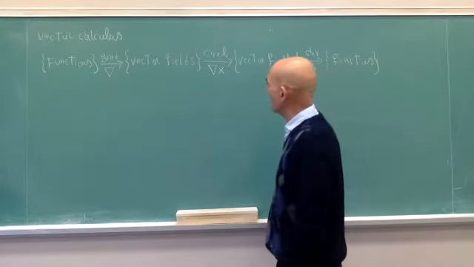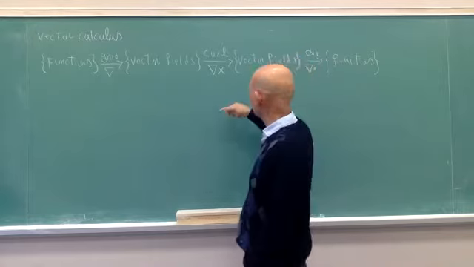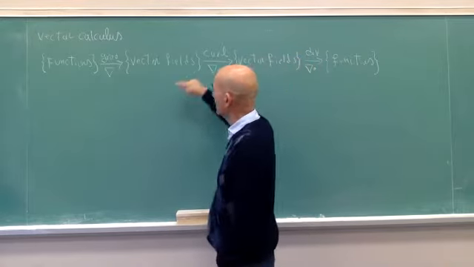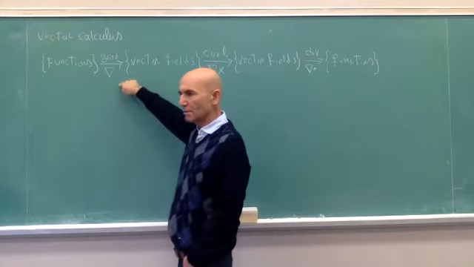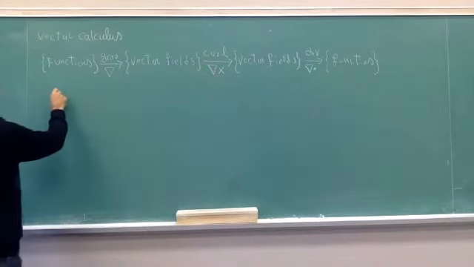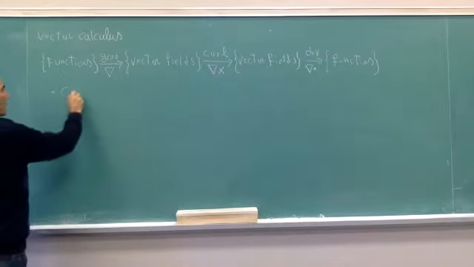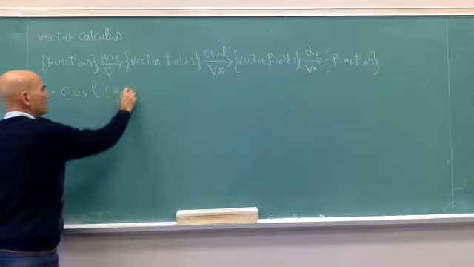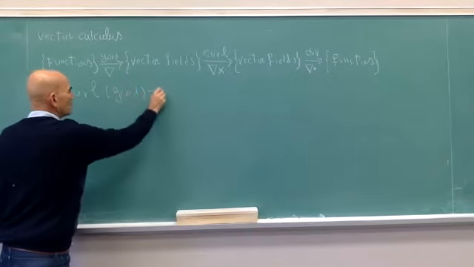And what did we discuss about these things? We noticed that if we follow gradient by curl, we get 0. Remember? So there were some rules. One of them was that curl of gradient was equal to 0.